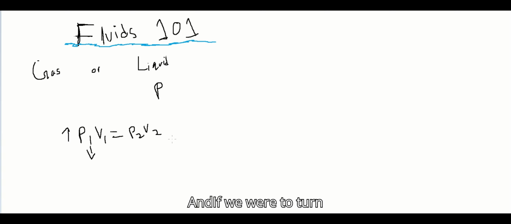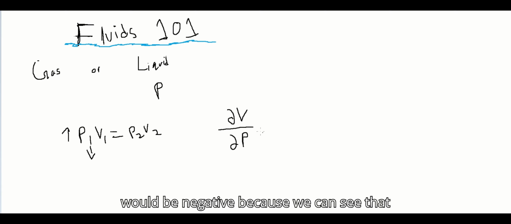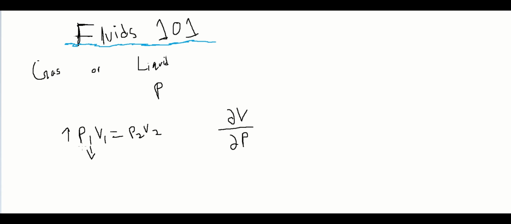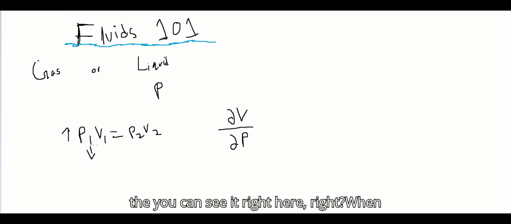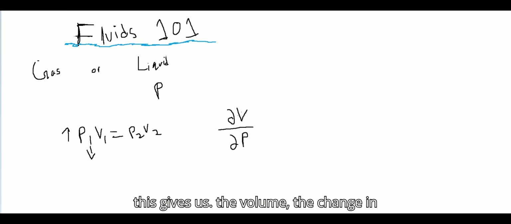And if we were to turn this into a differential, we would get change in volume over the change in pressure, and this derivative would be negative because we can see it right here, right? When your pressure goes up, your volume is going to go down. So this gives us the change in volume over the change in pressure, but we want this on a per unit basis.